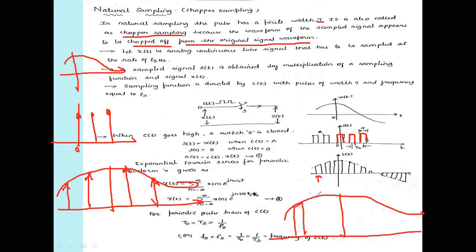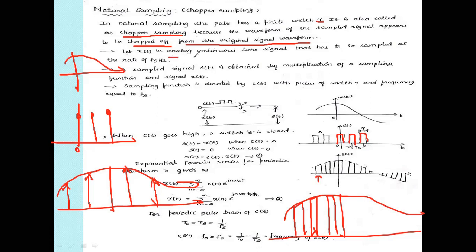According to that, the amplitude also changes. Got it, my students? And it localizes the signal that is chopped. Original signal is a continuous time signal, and after being sampled with the pulse width of tau, the chopper sampling, the sample appears to be chopped off from the original signal waveform.